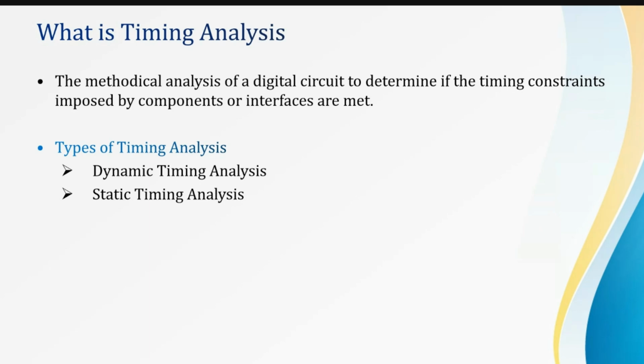So it is vectorless and faster, because it is checking only the timing. It is accurate in timing, but compared to dynamic, it is not that accurate. So this is the main fundamental of timing analysis.